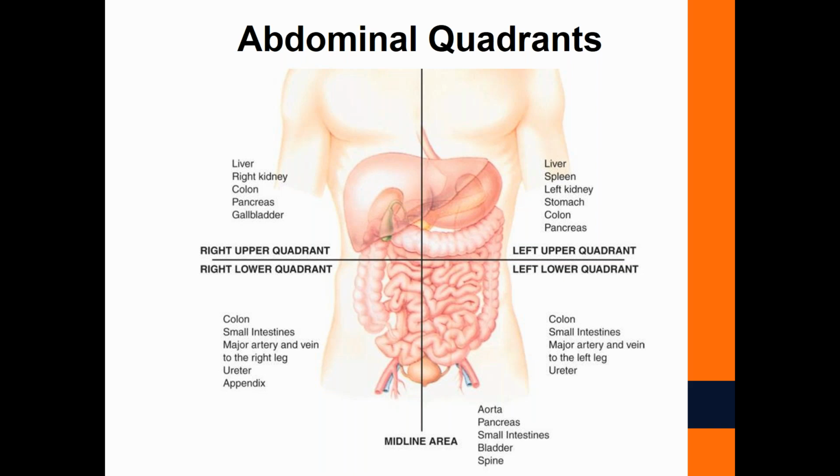We have GI. It's just so much. But when we start talking about abdominal emergencies, and a little bit later when we get to the trauma lecture about traumatic abdominal emergencies, it is important to at least know where some of these structures are in relation to the patient.